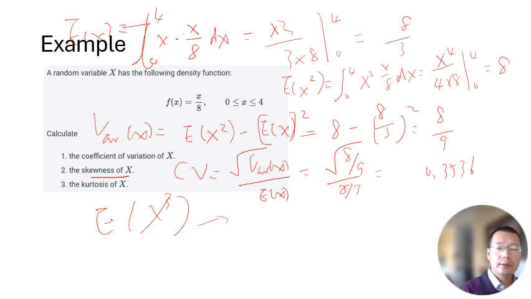This part is on the Coaching Actuary, so please do it yourself. We will get the skewness to be negative 0.5657. And for the last one, the kurtosis, the result is 2.4.